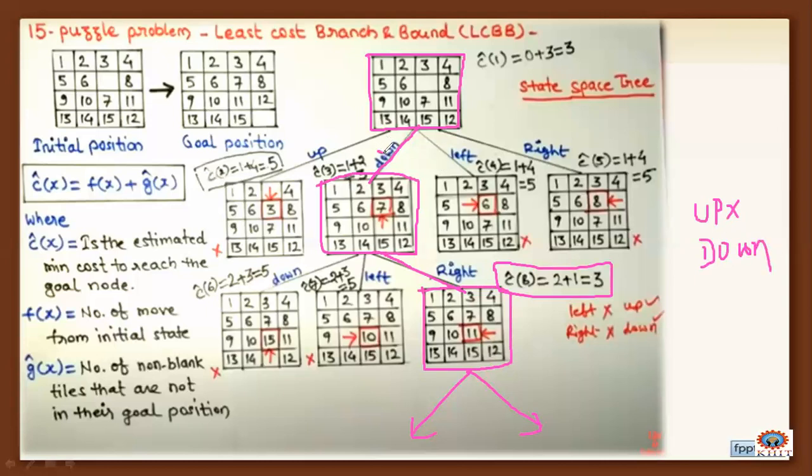Because downward is already applied in the first iteration. In the second iteration, the right side is also applied. Okay. Down.